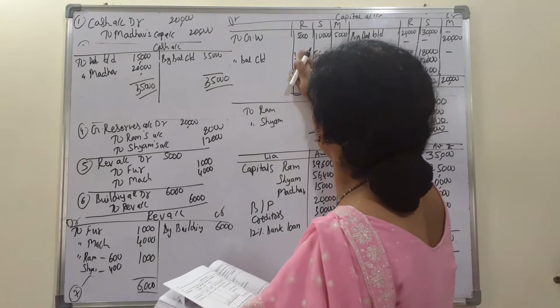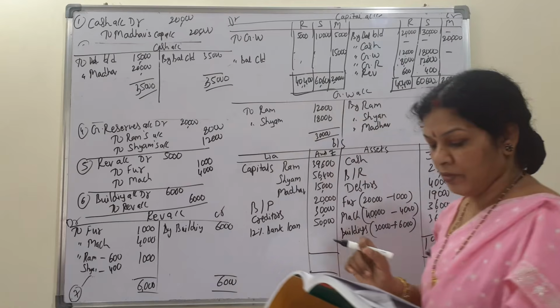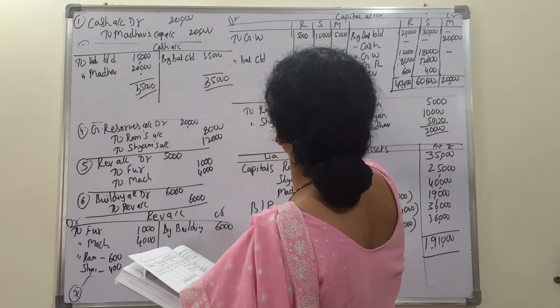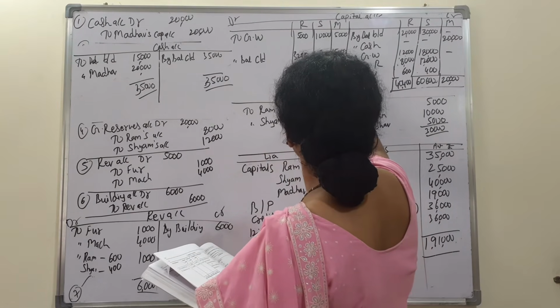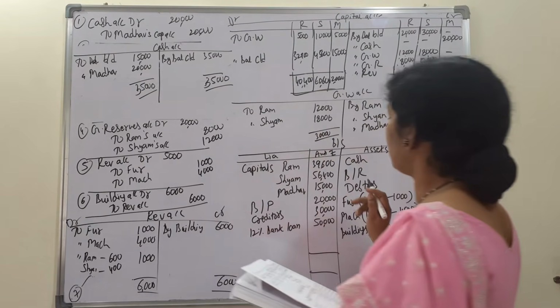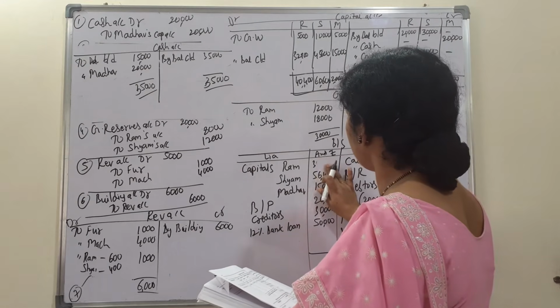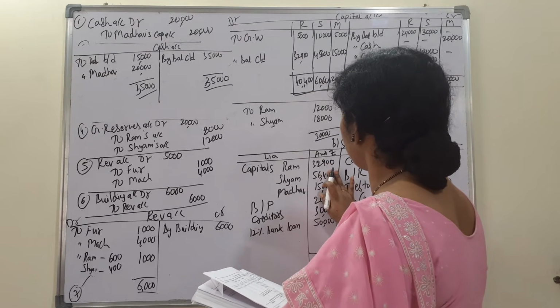And from this, if we deduct it, we'll be getting around 32,900 and 45,600. 32,900. 45,600.